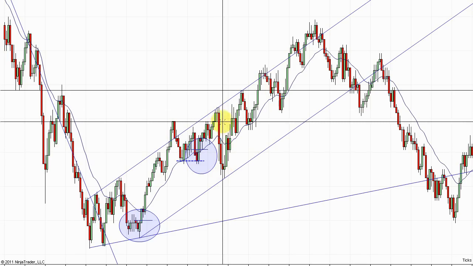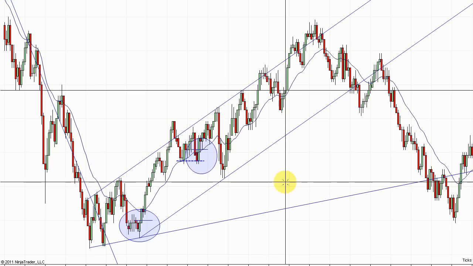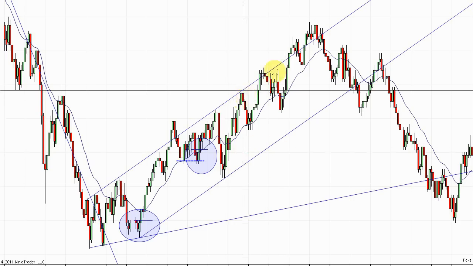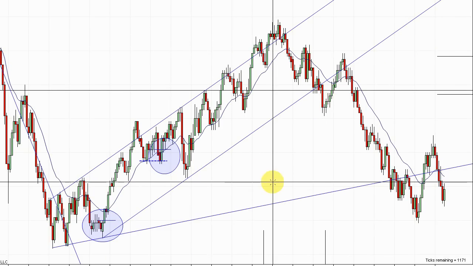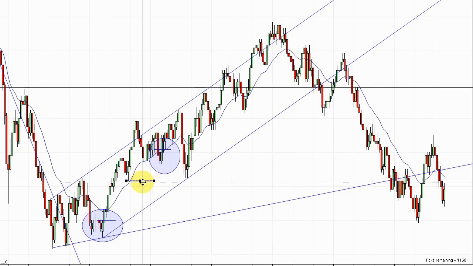I don't recommend or teach counter trend trading, but if you'd have known where these two lines were, you could have shorted off this highs all day long, and you could have bought these lows, and it would have helped you tremendously knowing where to enter and exit. But here's something else.